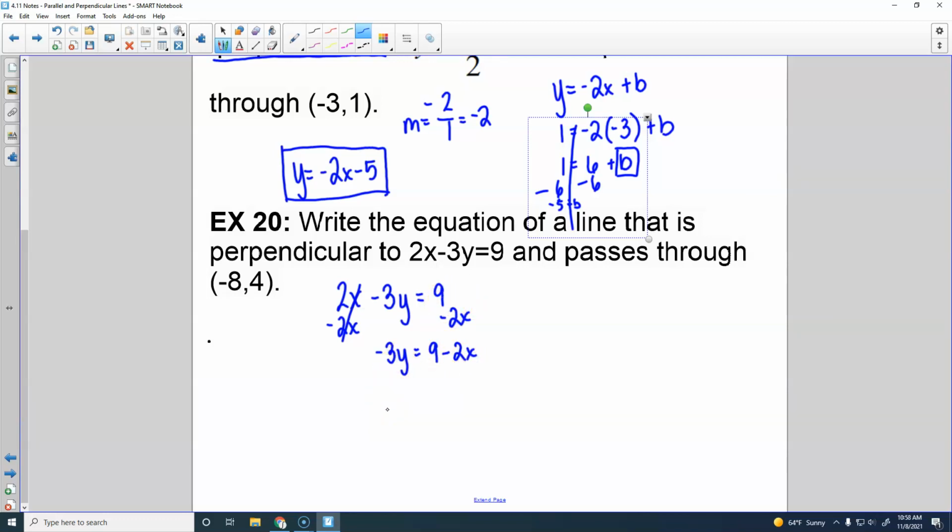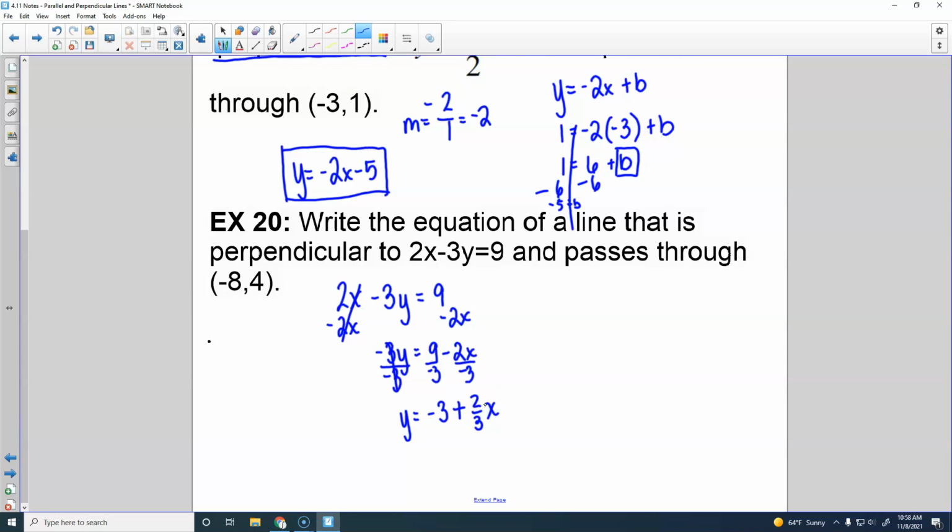So it's a negative 3. Okay, what's negative divided by negative here? Positive. So you'll get positive 2/3 x. So if you got a negative over those negatives are really important.